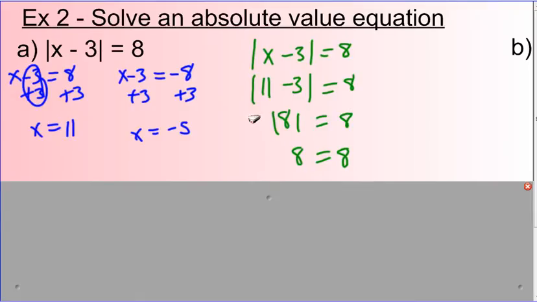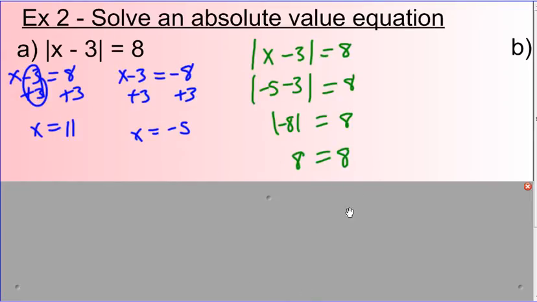Okay, let's see if that negative 5 thing works as well. So if I plug in a negative 5 here, negative 5 minus 3 is negative 8. The absolute value of negative 8 is a positive 8. It makes the number positive. So we got another solution. Okay, so that's proof that this method works.